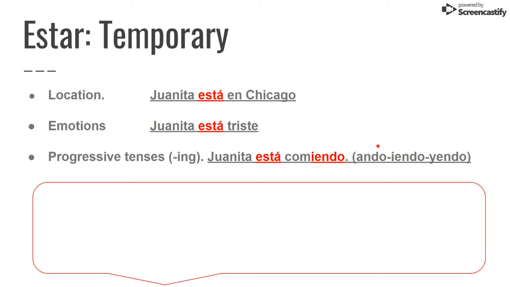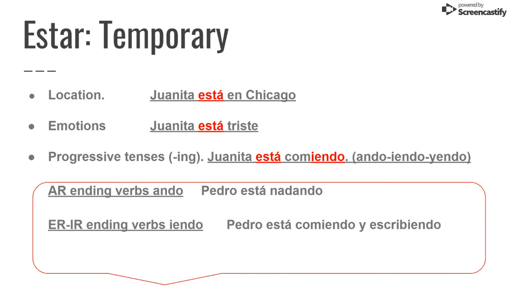Here we are going to use -ando and -iendo as endings of the verbs. And this is really what is going to change. We are going to use -ando for AR endings, como Pedro está nadando, Pedro is swimming. ER and IR endings are going to be -iendo. Pedro está comiendo, Pedro está escribiendo, he is eating, he is writing.